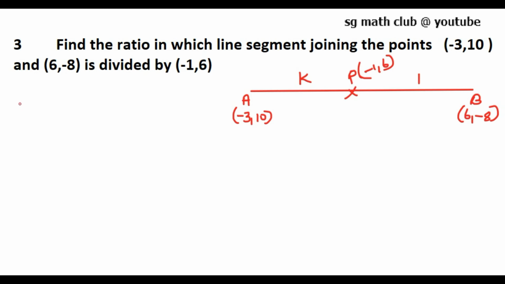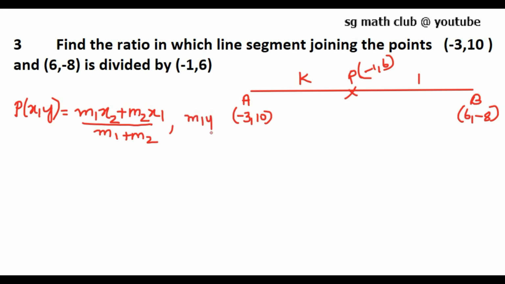Now we will write the section formula. P(x, y) equals (m1x2 plus m2x1) divided by (m1 plus m2), and (m1y2 plus m2y1) divided by (m1 plus m2).